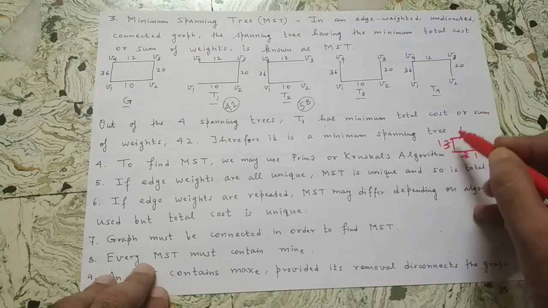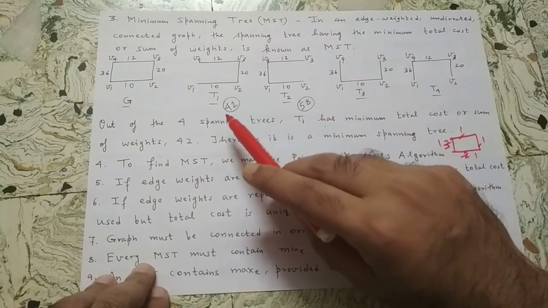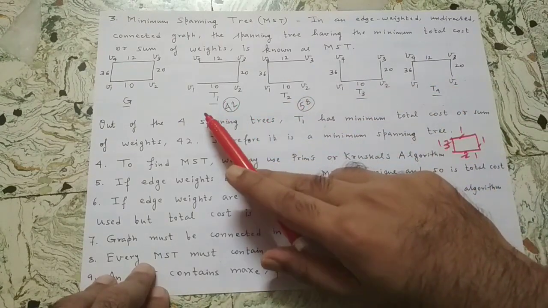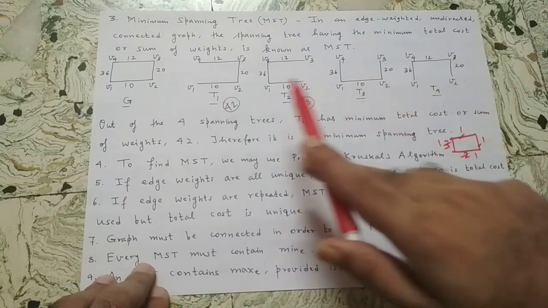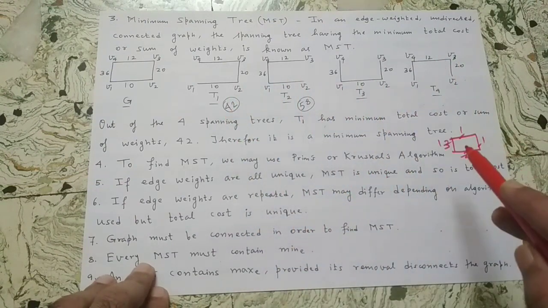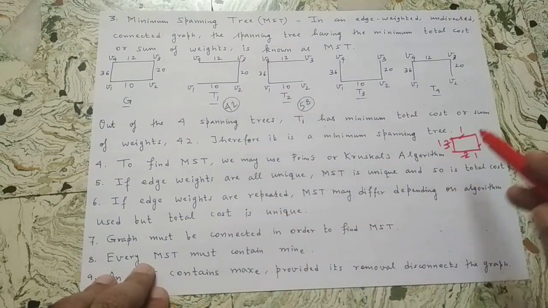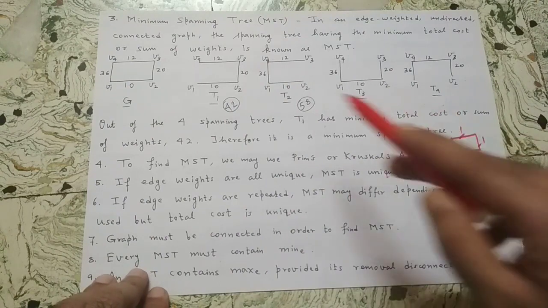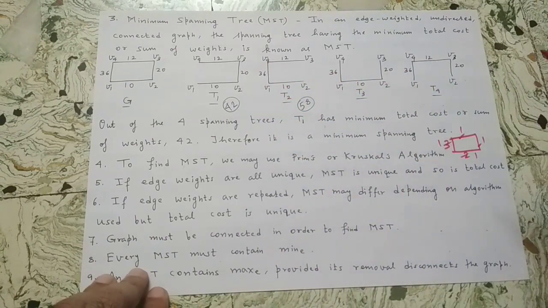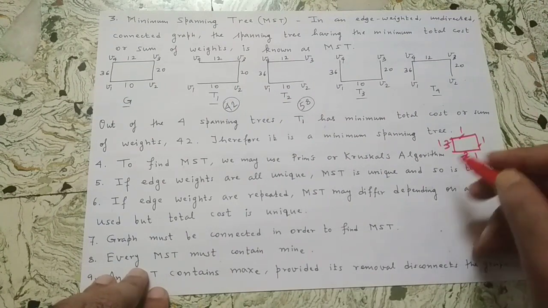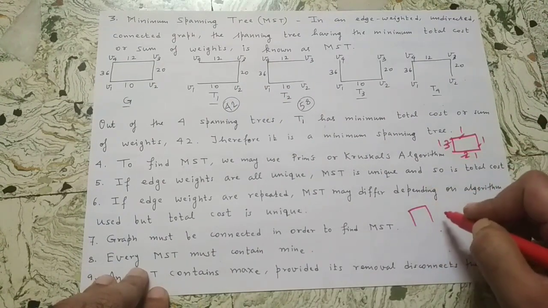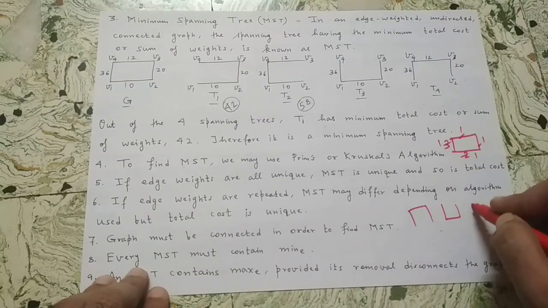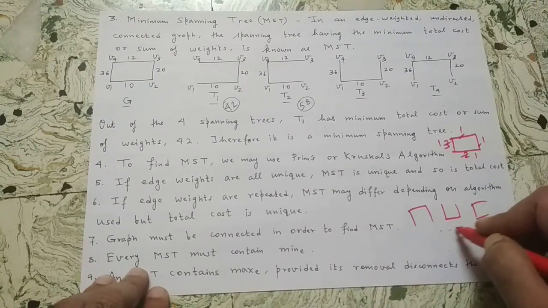See, from this graph, what are the spanning trees you will get? You will get the spanning trees in exactly this form: T1, T2, T3, T4. These are the 4 possible spanning trees you get from this graph. Okay, that is understood. But now the question is, all 4 of them will qualify as minimum spanning trees, because you will get this as a spanning tree, this, this, and this one.